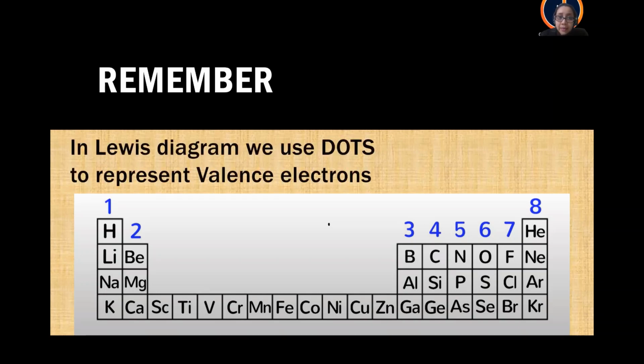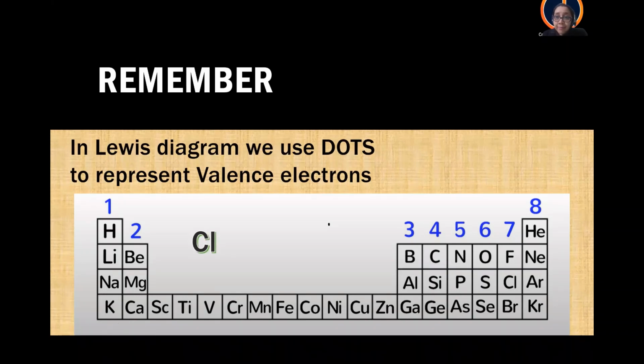Now, let's remember the basic things for a Lewis diagram. In a Lewis diagram, we use dots to represent the valence electrons. That means you have to know the number of valence electrons, which in turn requires knowledge of the periodic table. So this is very important, students.